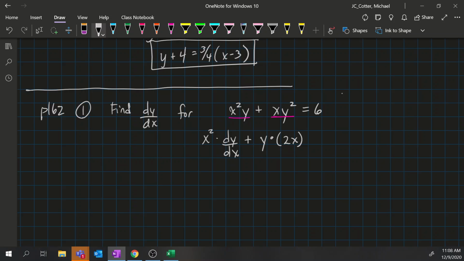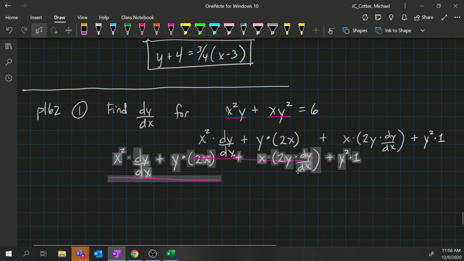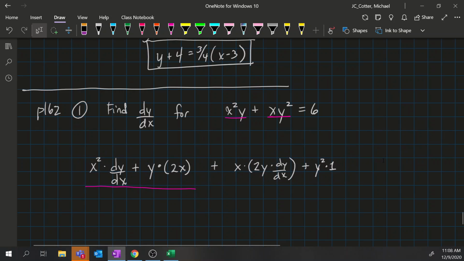That's the first purple part. Then to that, we're going to do x times 2y dy dx, that's the derivative of y squared, plus y squared times 1. And that's going to be equal to 0.